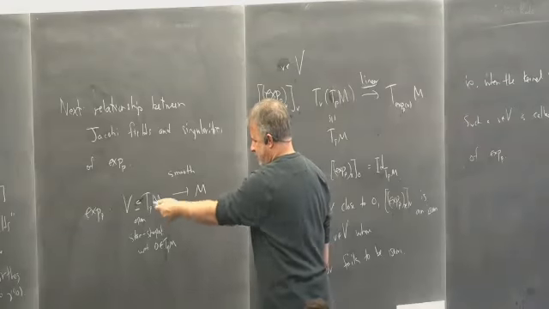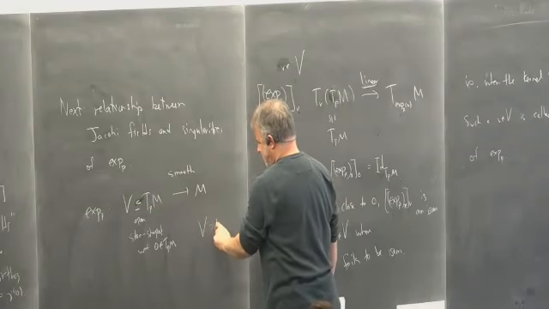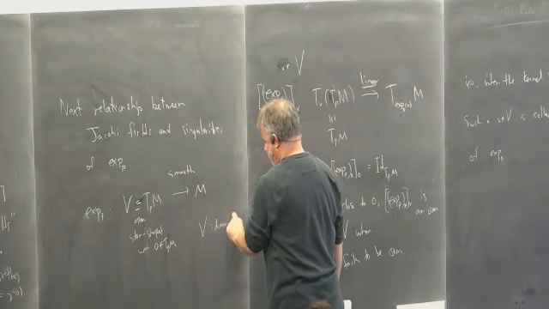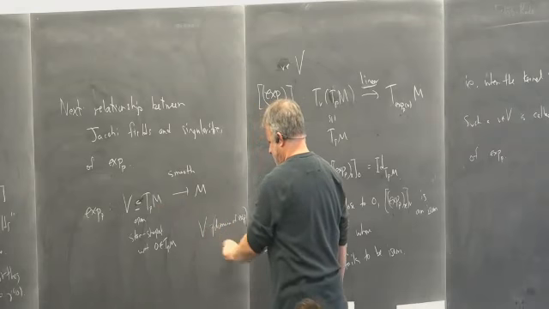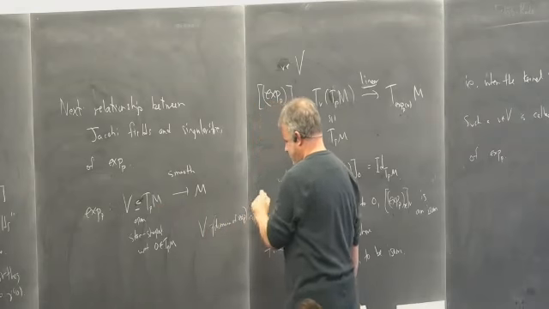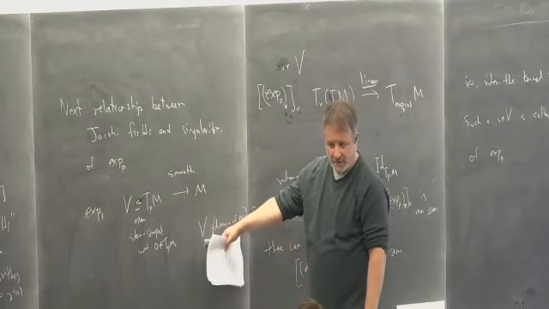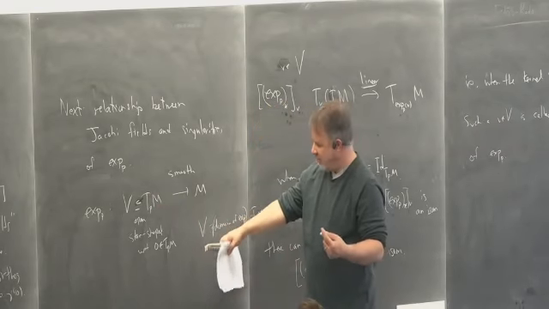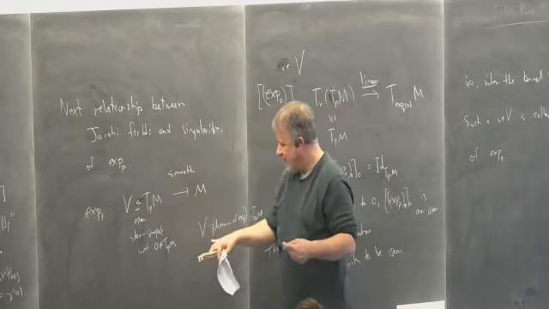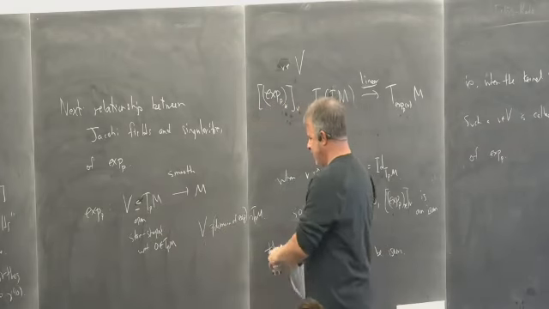Yeah, that's right. So the question was, what is this domain? This is the domain of the exponential map intersect TPM. So it's all those vectors such that the geodesic with initial point P and initial vector V is defined at least for time 1.